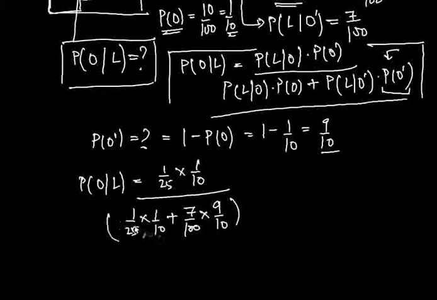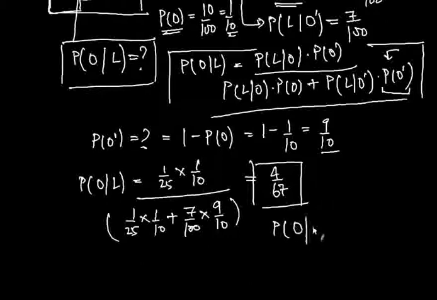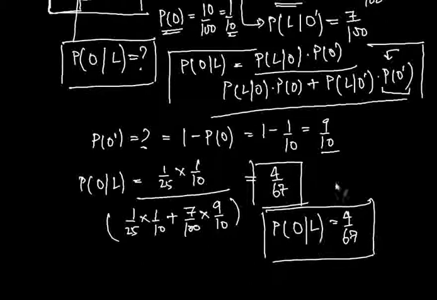If you do this calculation, you can use a calculator, or do this on your own using pen and paper. However, this turns out to be equal to 4 by 67. So the answer to our question, what's the probability that a person has blood group O given that he is left-handed, is 4 by 67. So that was the question, and that's how it's done.